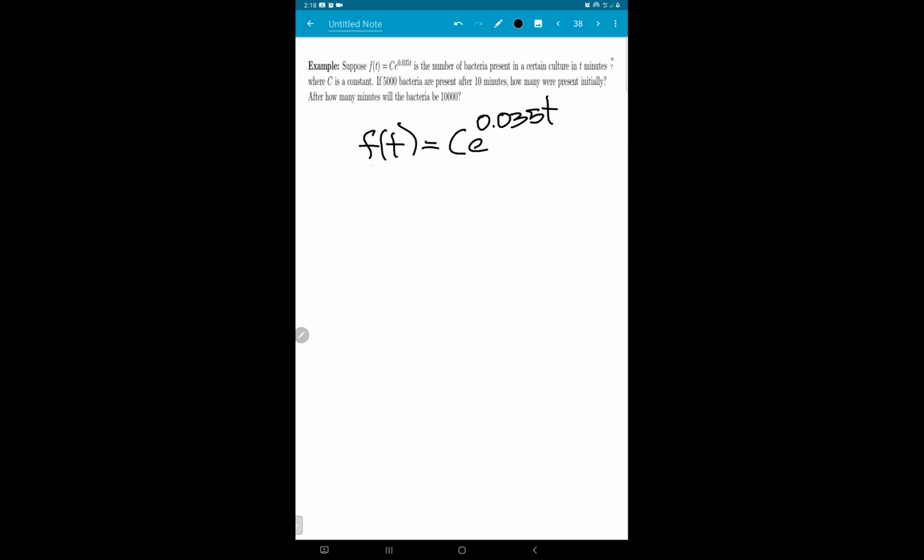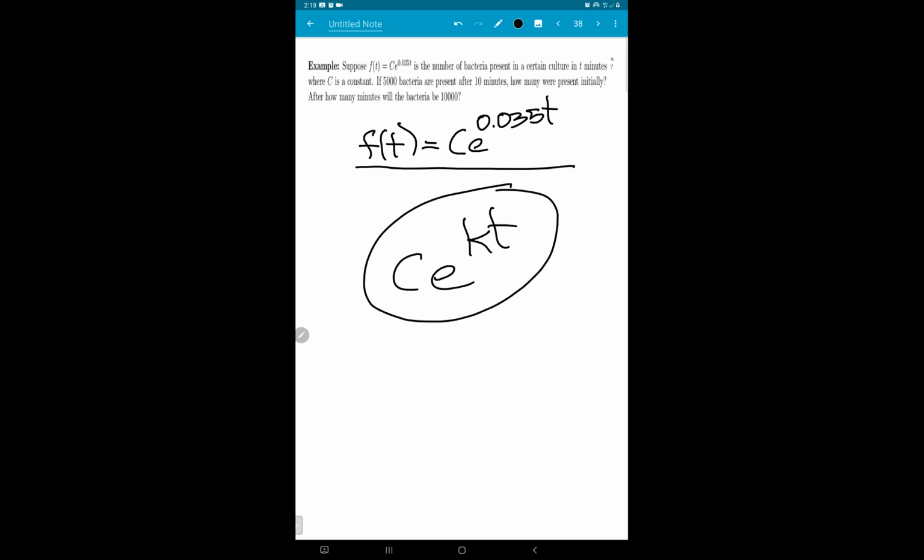So you expect the formula not only to be given, but to be in exponential form. And usually it's like C e to the kt. Otherwise, it's no longer a problem on exponential growth or decay. So the thing with exponential growth and decay problems is to actually find the missing values in the given formula.